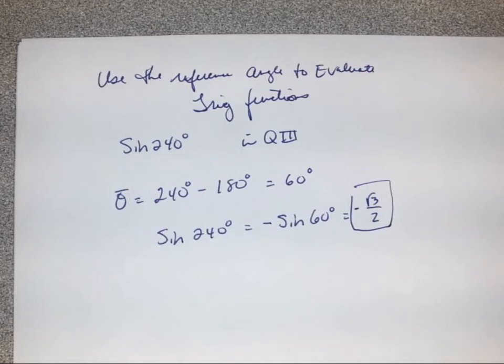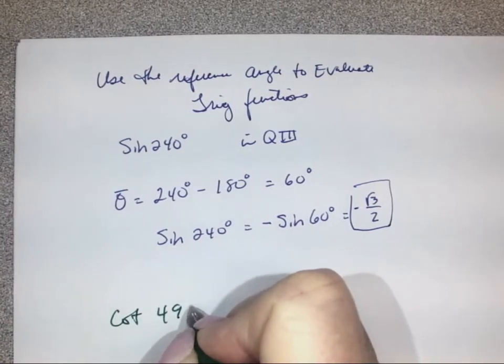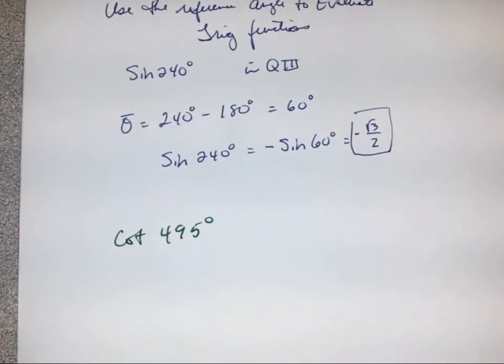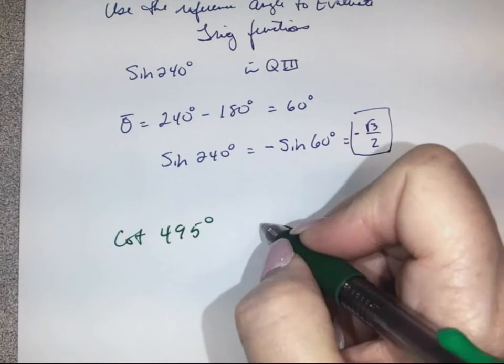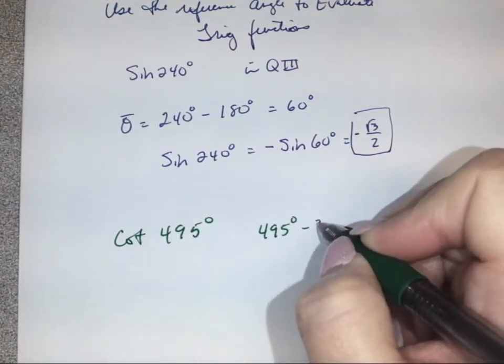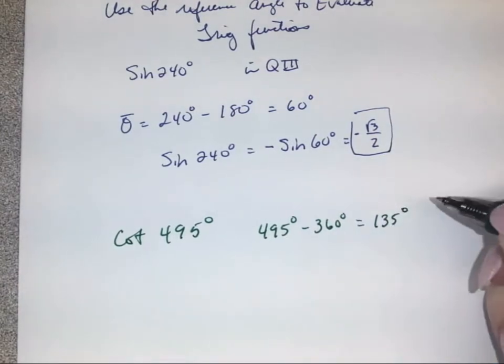All right, let's go find the cotangent of 495 degrees. Well, 495 degrees is greater than going around our whole circle. So let's take 495 minus 360 degrees. Well, that gets us 135 degrees.